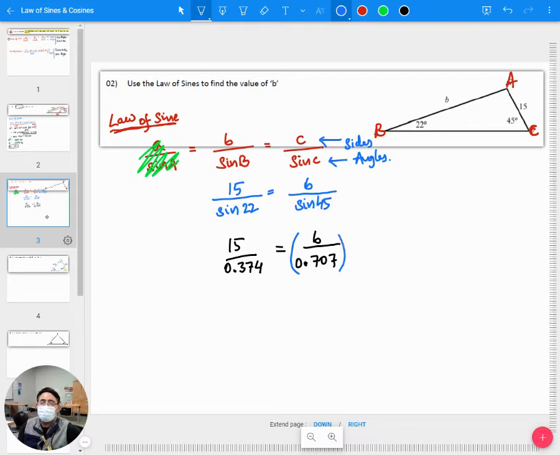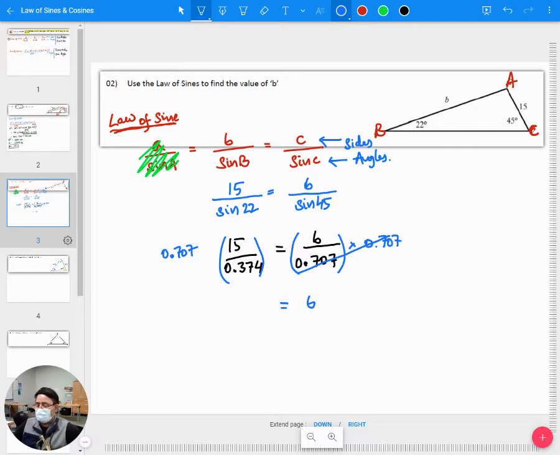Okay, now to figure out what's the value of b, we have to eliminate the denominator. Therefore, times 0.707 on both the sides. Then numerator and denominator get cancelled. b equals, let me take my calculator, 0.707 multiplied by 15 divided by 0.374.